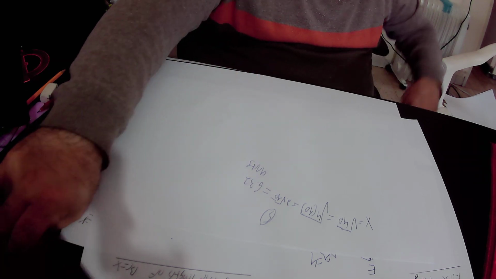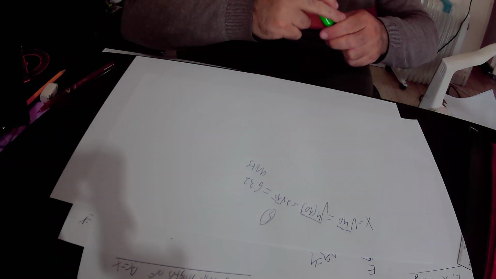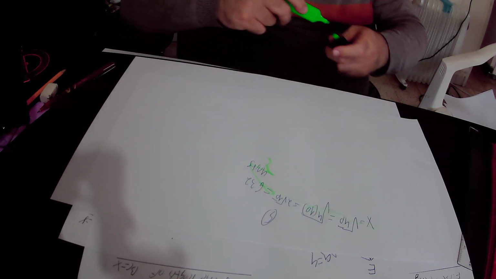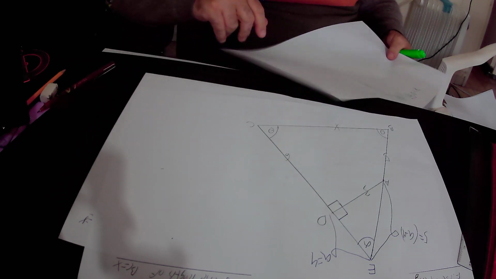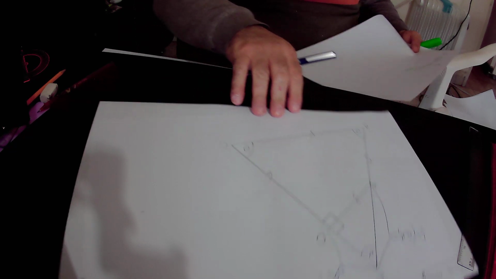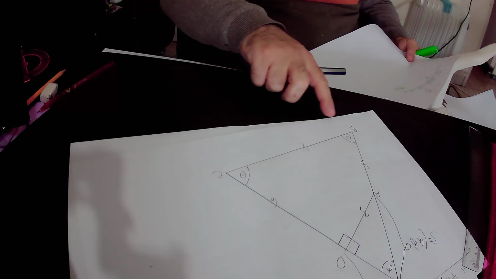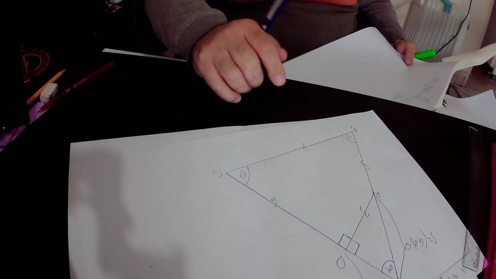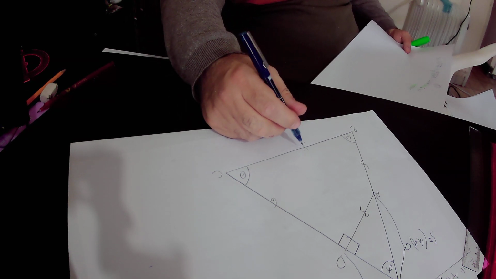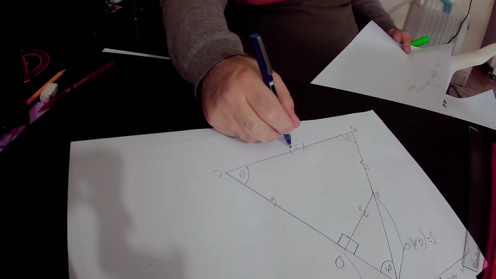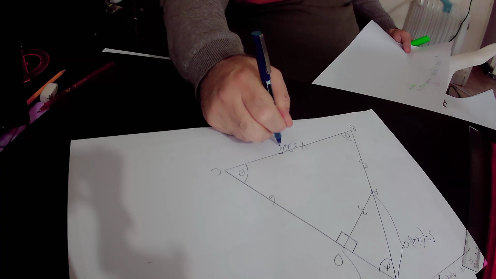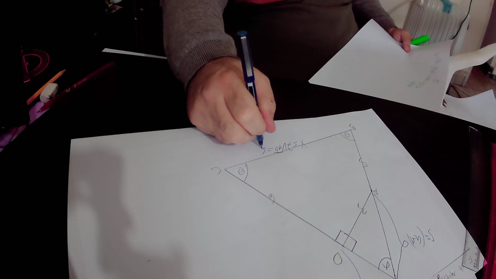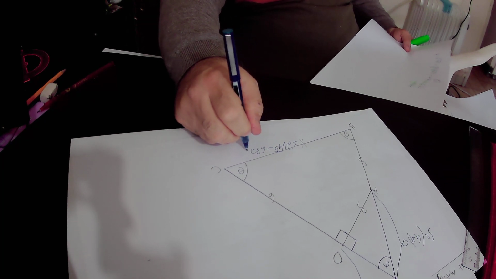I'll repeat again, the length of this line segment BC that is equal to x is 2 times the square root of 10 units, or 6.32 units.